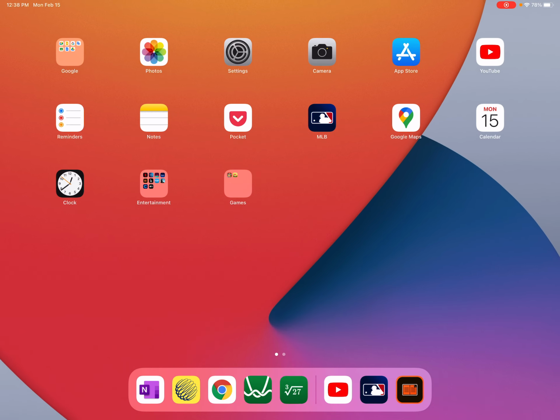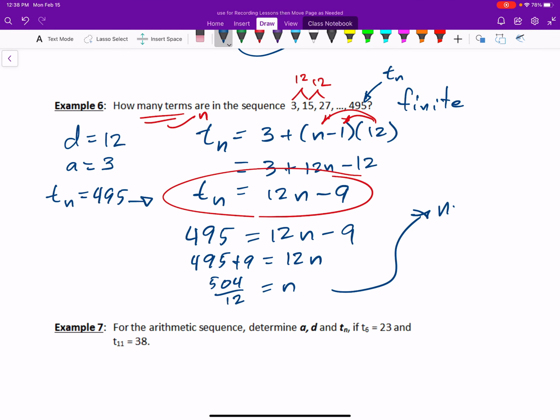N equals 42. So there's 42 terms, because again, whatever n is has to be my number of terms. T sub n is my last term. Now that I know that n is 42, then I could say that T sub 42 is term 495. Or T sub 42 is equal to 495. My bad.